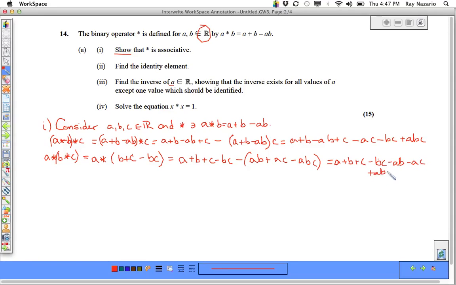All right, the world is at peace. Now we're good. So we can say since A star B star C equals A star quantity B star C, star is associative.